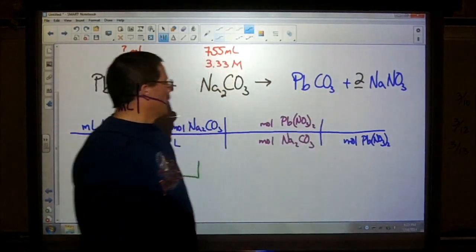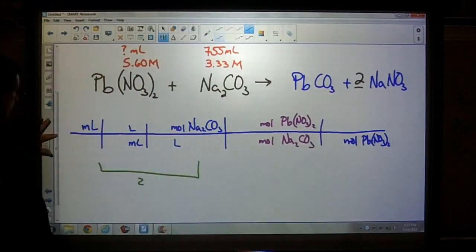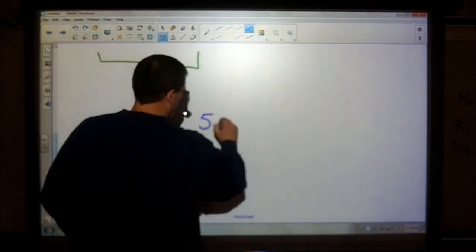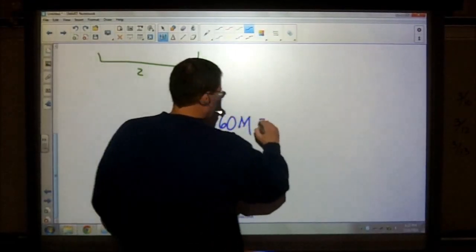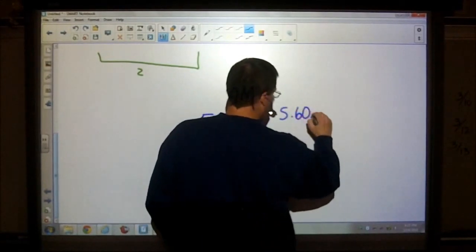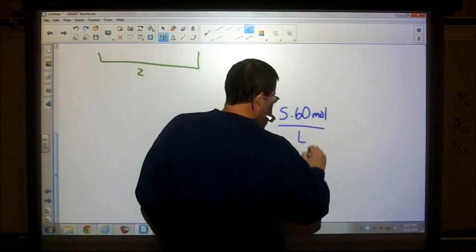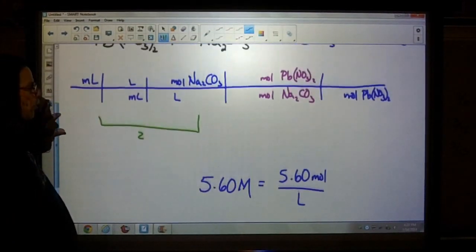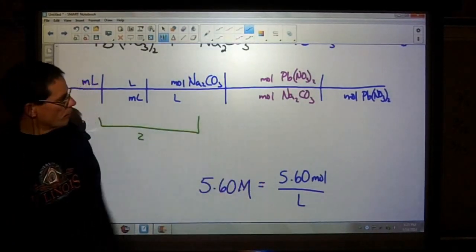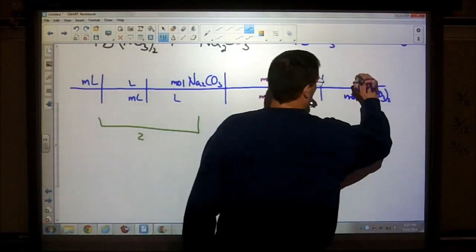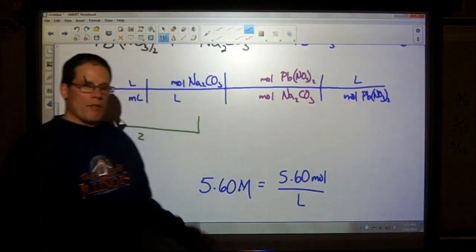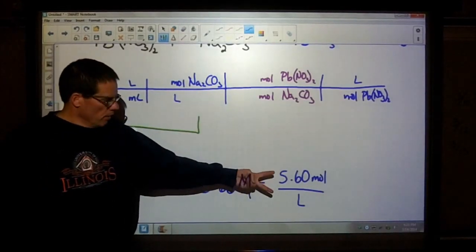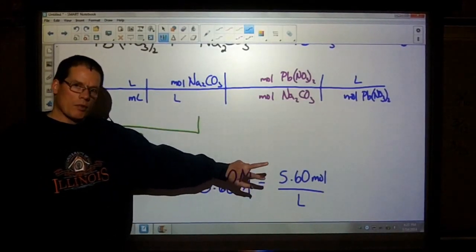Okay. And recall that 5.6 molar means that we have 5.6 moles of our particulate in every liter. So we're going to take that and invert it. So we're going to have liters on top. Okay? If you're given a molarity and you're looking for a volume, you know you're going to use that at the end. Flip it. Invert it.